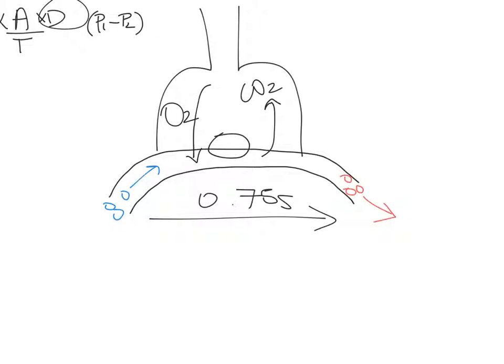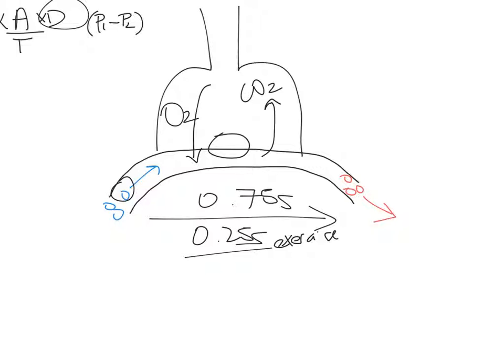This time is significantly decreased by exercise, because with exercise we have a significant increase in cardiac output. So although we have collateral circulation, the velocity of the red blood cell significantly increases. So this 0.75 seconds is decreased to 0.25 seconds with exercise.